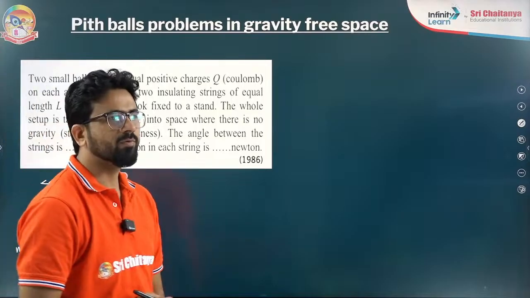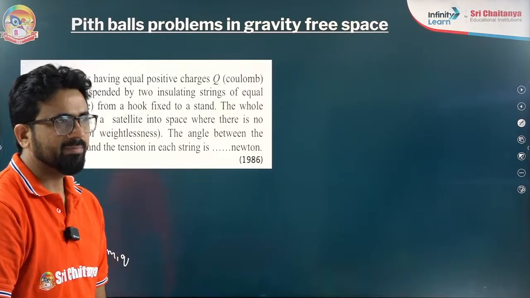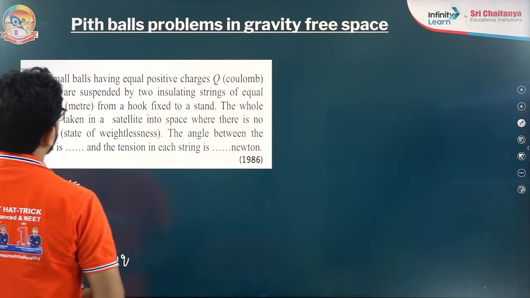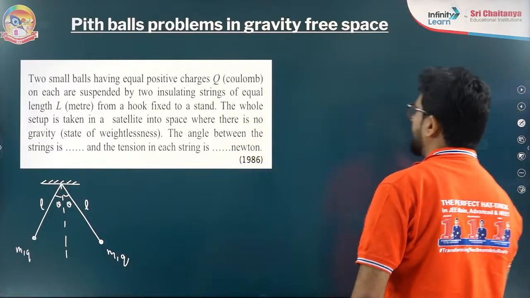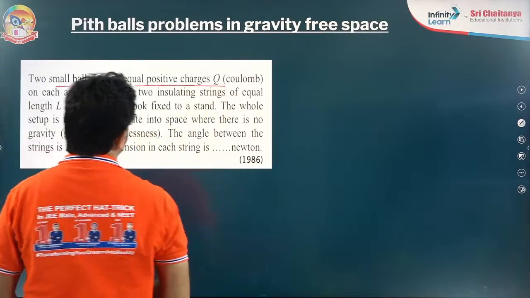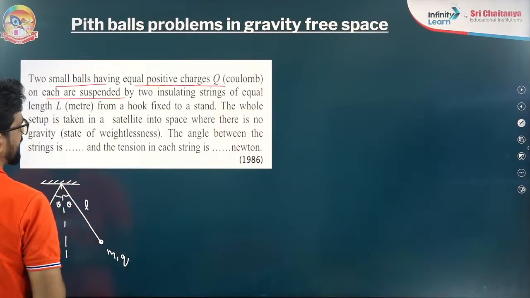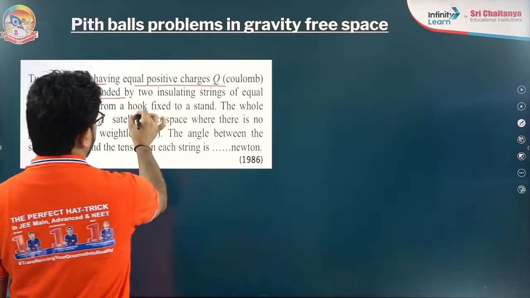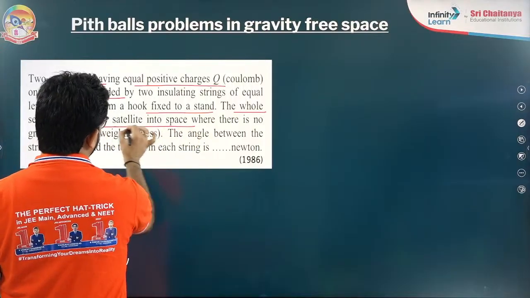It is also one JEE P by Q question, beta. Try to understand this JEE question. Please focus. There are two small balls having equal positive charge, capital Q, on each, suspended from a fixed hook on a stand by strings of length capital L. The whole setup is taken in a satellite in space.